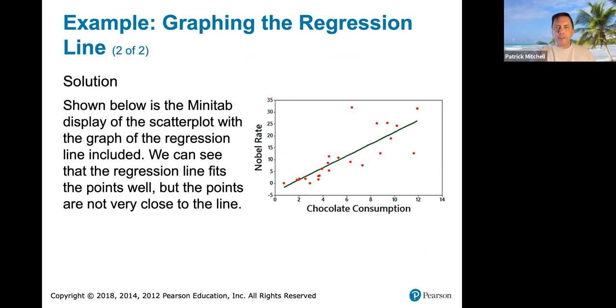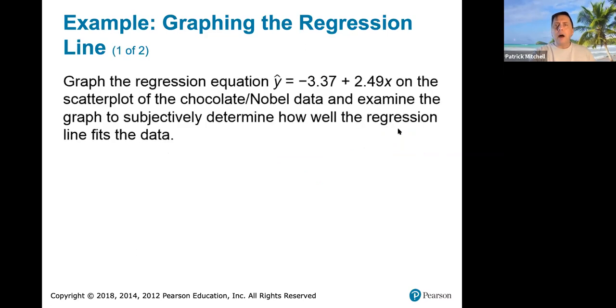So I'll just mention briefly for now, and maybe if need be, I'll make a follow-up video on this later. In order to graph an equation like this, the first thing you can do is plot the y-intercept, which would be at 0, negative 3.37.